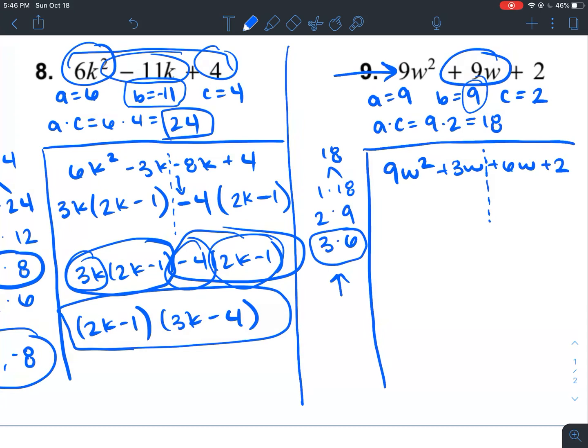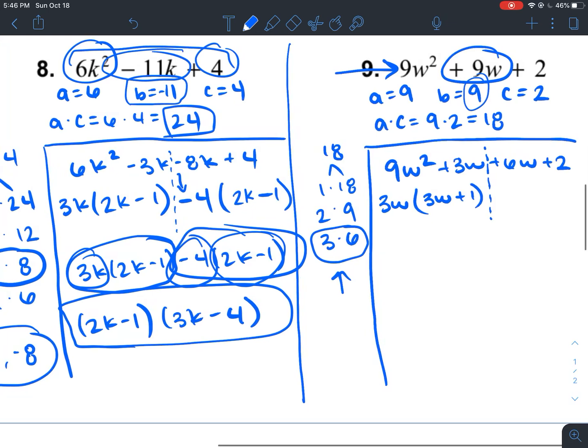These both have a 3w in common, so take out the 3w. 9w squared divided by 3w will be 3w, and then 3w divided by 3w would be positive 1. Okay, so I factored out the 3w from both of these terms.